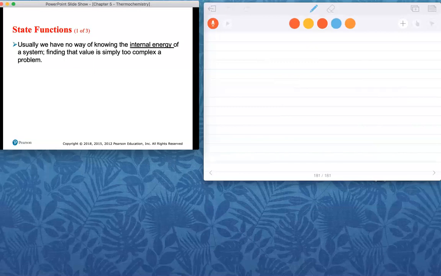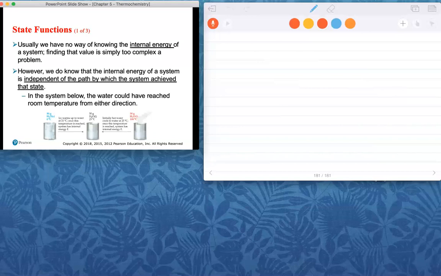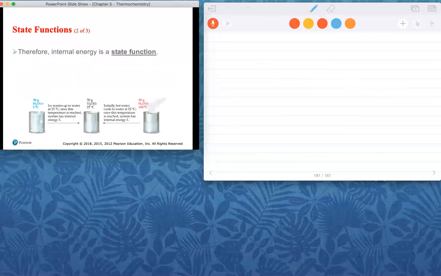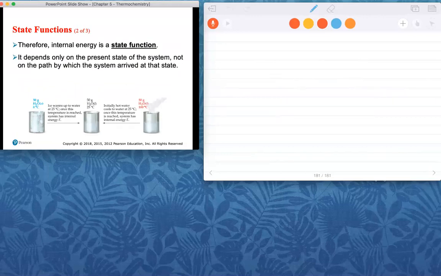Elevation is an example of a state function. Internal energy is one of the state functions which does not depend on how the system achieves the final state. It depends only on the final and the initial state, not the path taken.